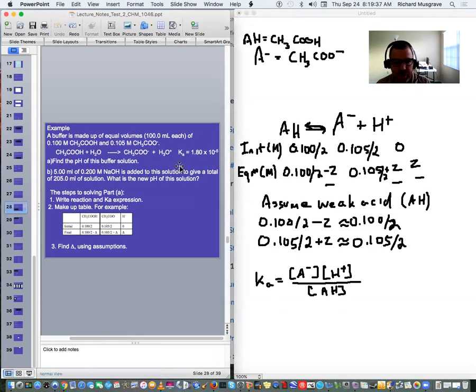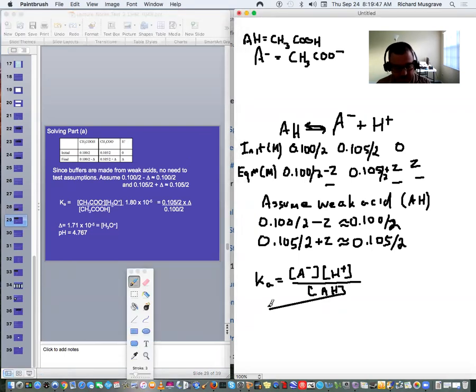Let's go back to the problem here. You'll see that the Ka is given to you along with the reaction, so you don't have to solve for that. That's going to allow you to do this to begin with. So 1.80 times 10 to the negative 5 is equal to, now we've got our A minus, that's 0.105 times Z, which is the concentration of H plus, over 0.100.